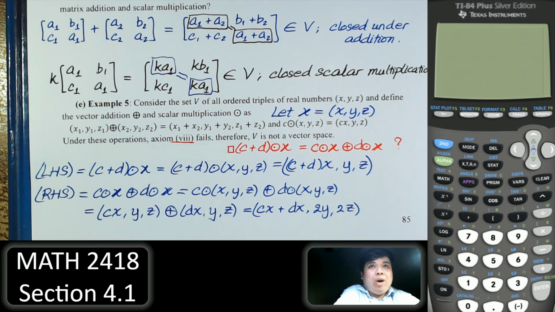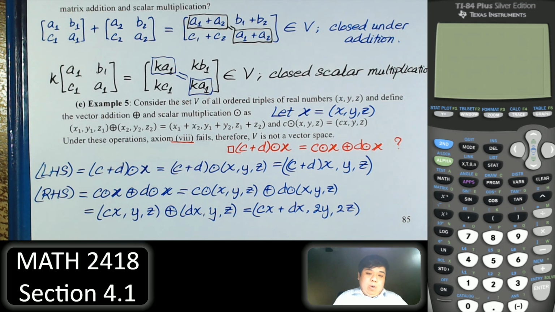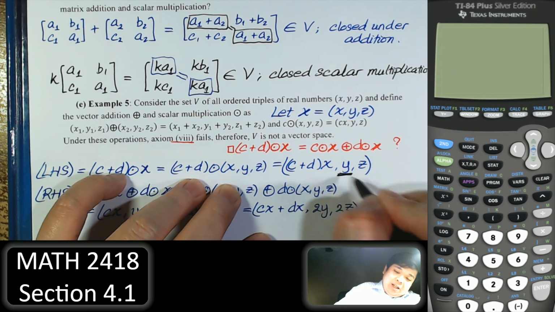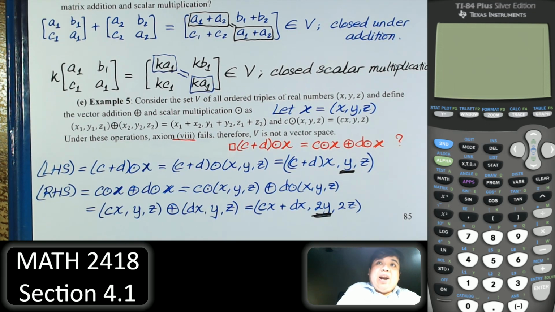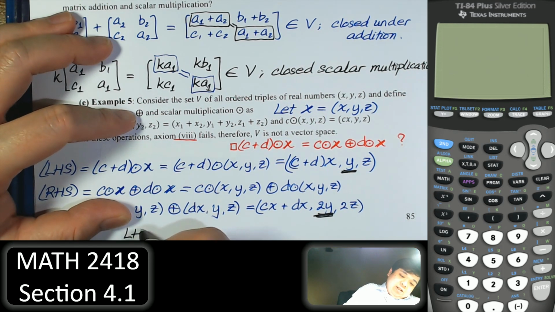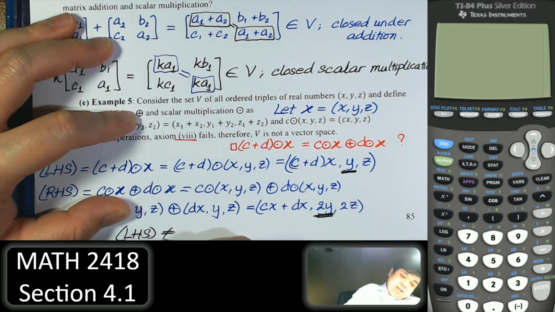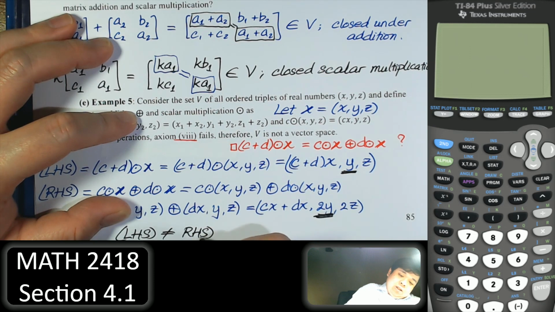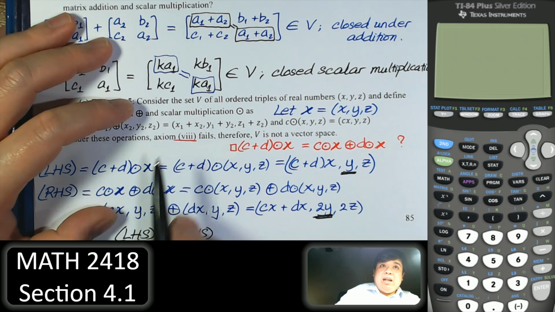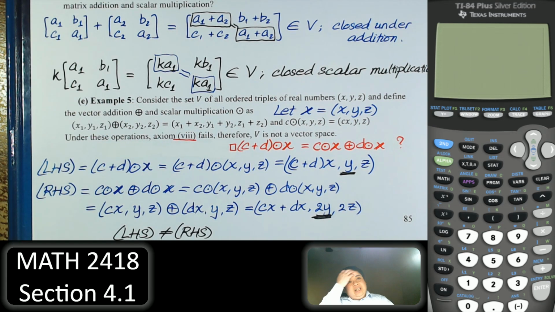So what do we see here? What we see here is that they are not the same. So the left hand side is not equal to the right hand side. So that's why this axiom number 8 fails. Right.